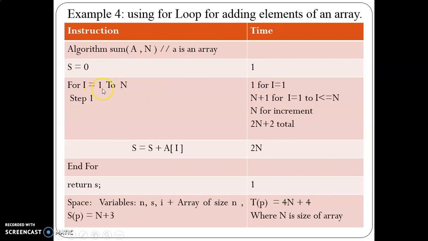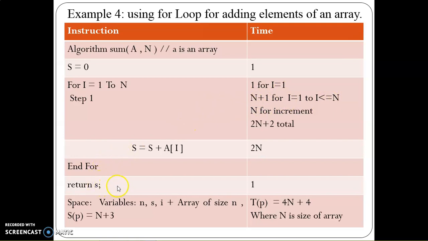Then every time, I will be incremented by 1, so for that n times the increment will be performed, and then the comparison will be made whether the value of I is less than or equal to n. We will have the comparisons from I is equal to 1 to I less than or equal to n, because the last time when I is equal to n, the loop will become false and we will break out of it.